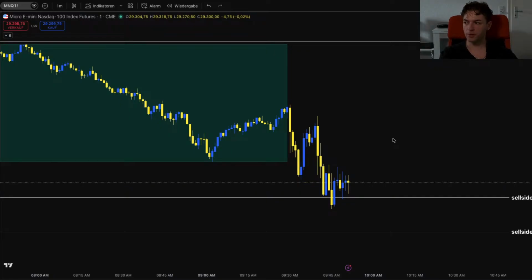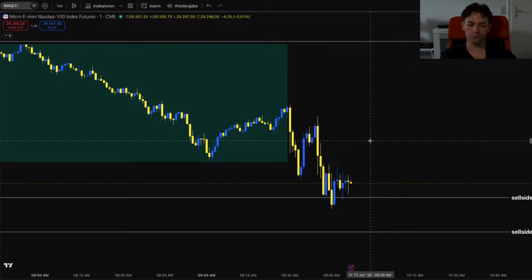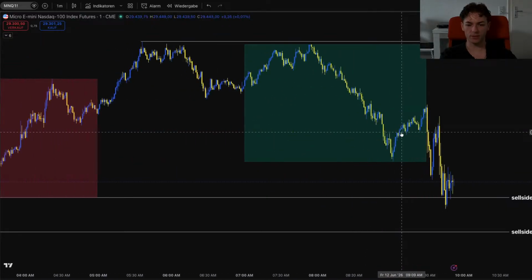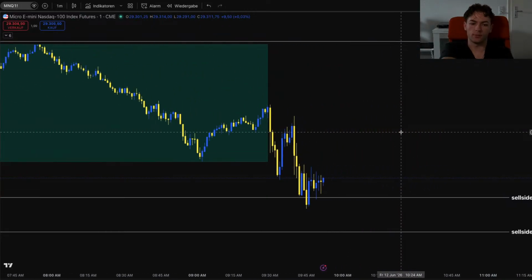I'm looking at it, but I'm not really actively trading it. I don't have much time. So let's say 2 years minus maybe 4 to 5 months where I wasn't really actively trading. But more or less you can say 2 years.